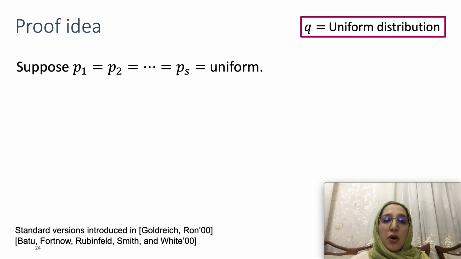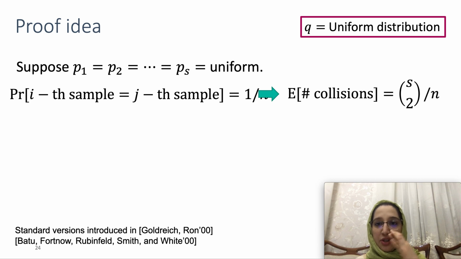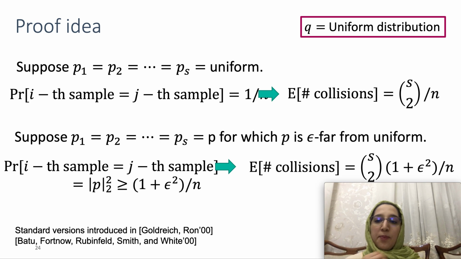So if all the Pis are uniform, it is not hard to see that the probability that the ith and the jth sample are equal is exactly equal to 1 over n, which implies that in expectation, the number of collisions that we have is the number of samples choose 2, divided by n. And for the case where the Pis are equal to some distribution P, where P is far from being uniform, this probability is a bit higher than what we expected in the uniform case.